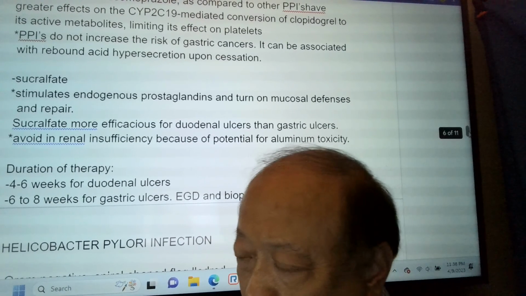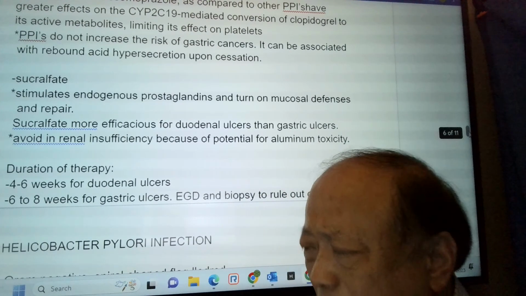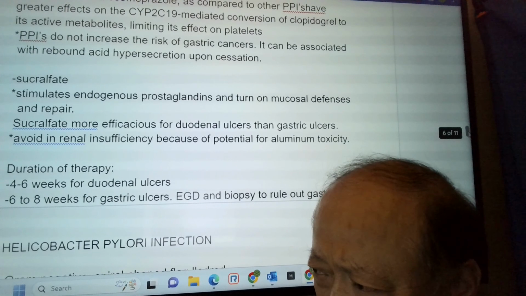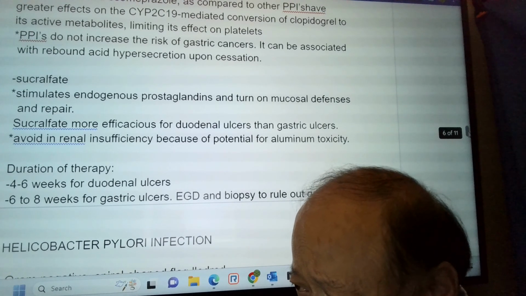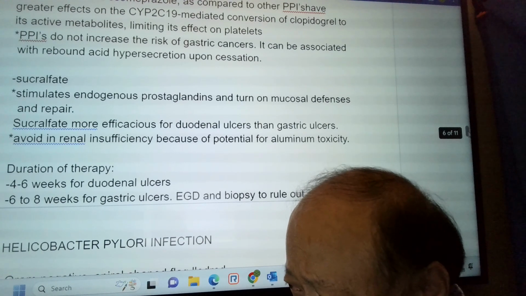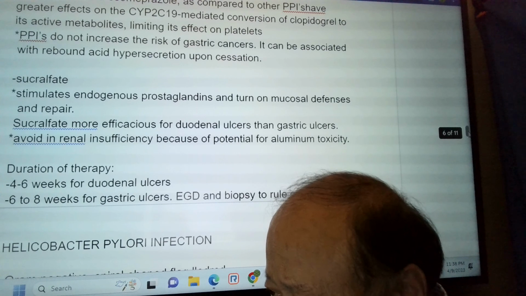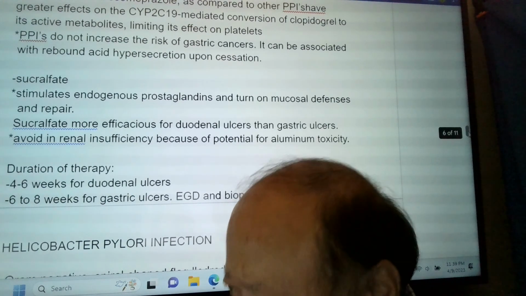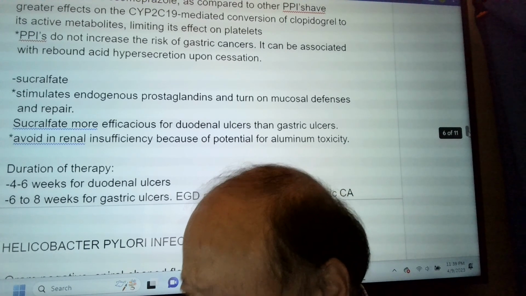I suppose one way the board can ask you about this is which purple pill can you not give to somebody who's taking clopidogrel, or maybe why: because of the CYP2C19 mediated conversion of clopidogrel to active metabolites, limiting its use on platelets: omeprazole and esomeprazole.